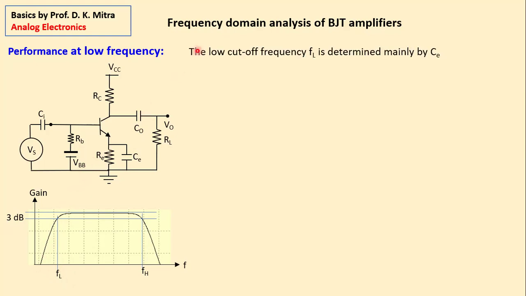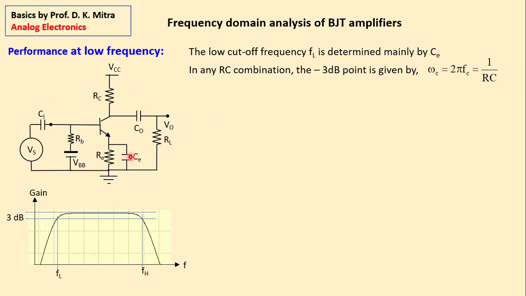First, the low cutoff frequency is mostly determined by this emitter bypass capacitor. This I have shown you while doing Multisim simulation of this amplifier. It is mostly determined by emitter bypass capacitor.